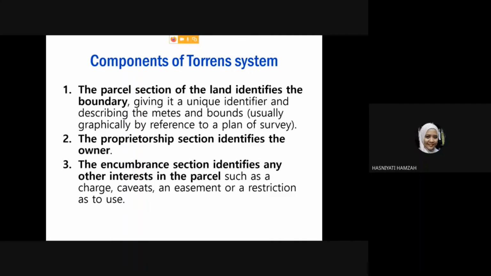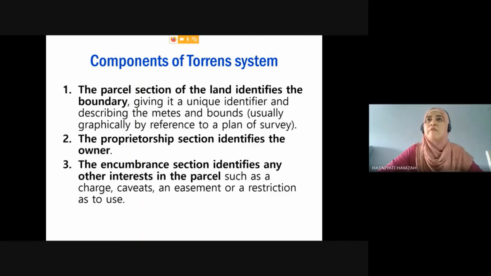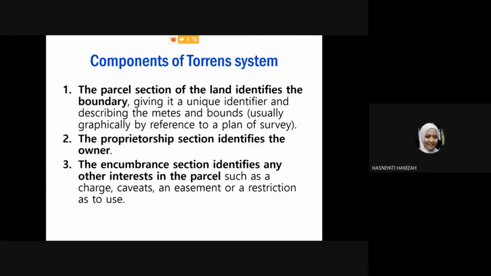Implied conditions do not appear on the title, but it's assumed that everybody must know and everybody must follow. And the implied conditions, normally there are 2. One is regarding the boundary stone. The boundary stone cannot be removed, cannot be destroyed. If it's destroyed or removed, you must replace it at your own cost.